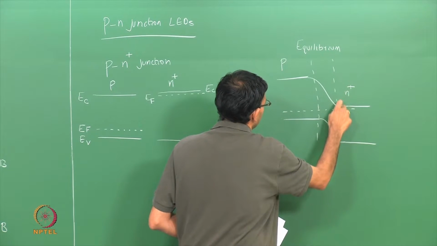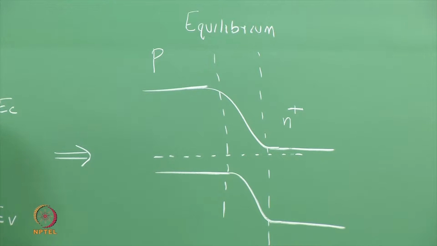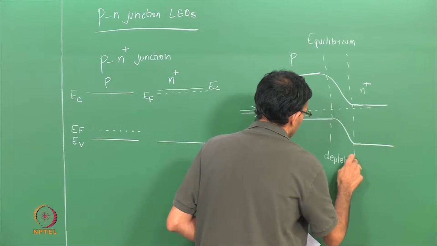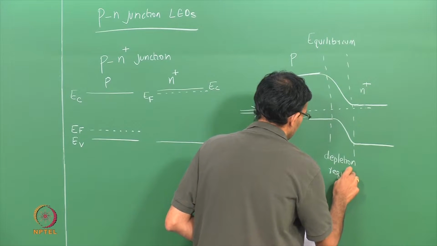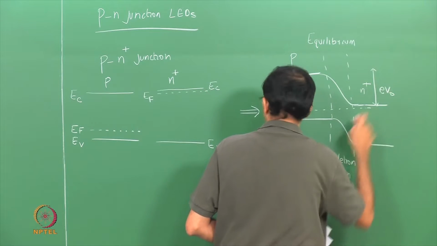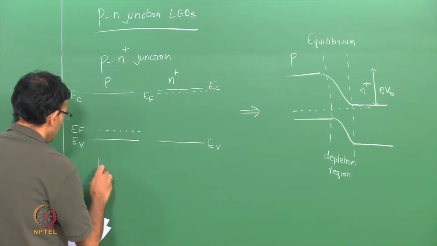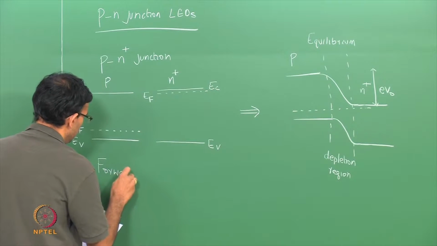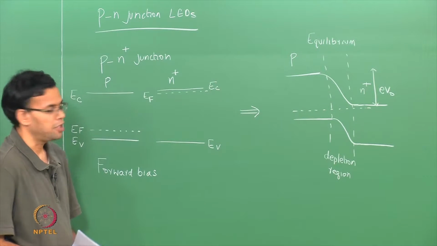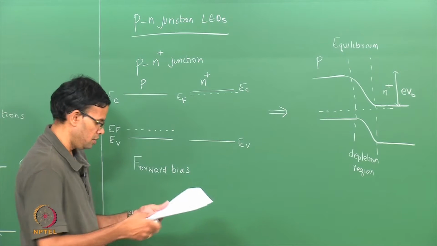We have a depletion region that mostly lies in the p side, and we also have a built-in or a contact potential. We can forward bias the p-n junction. In this particular case, if we forward bias the junction, we would reduce the contact potential so that we inject the minority carriers on both sides.